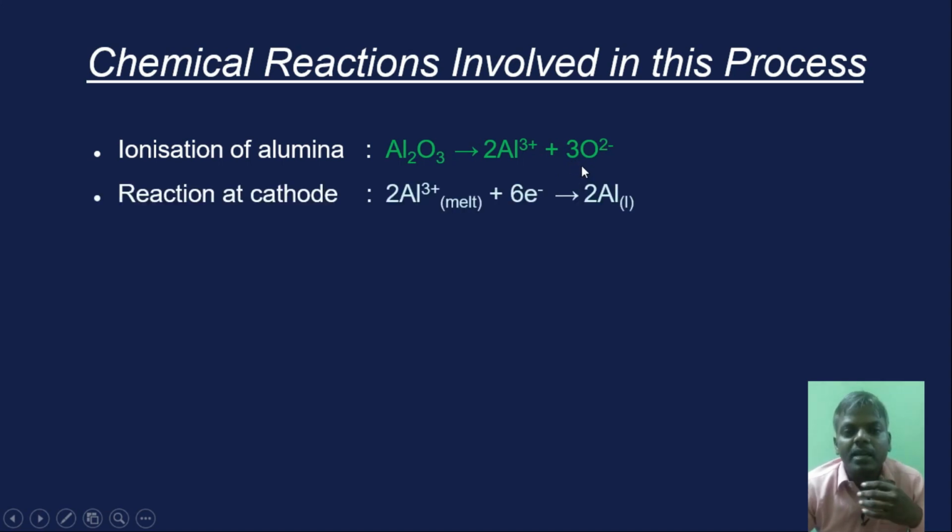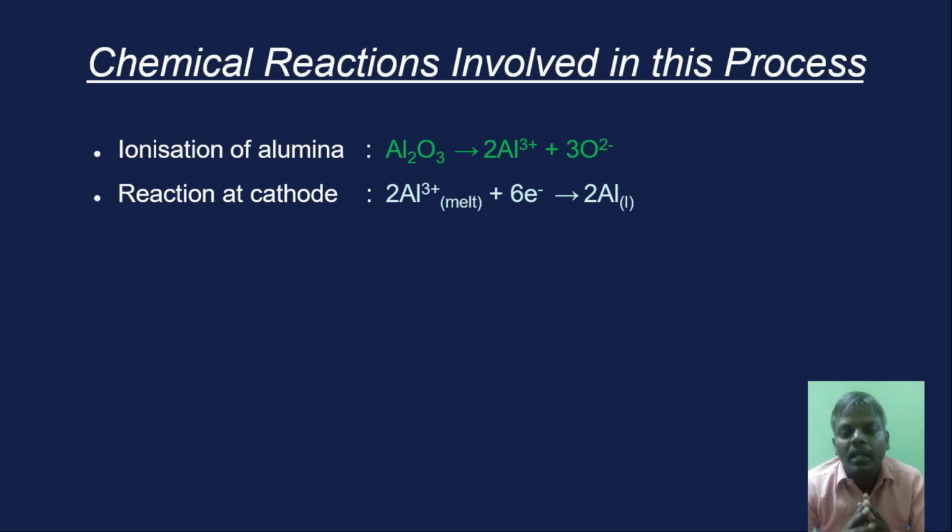Always remember that at the anode oxidation takes place, and at the cathode reduction takes place. You remember the oxidation-reduction concept which you have already learnt in the 11th standard: oxidation means loss of electrons and gain of electrons is reduction.